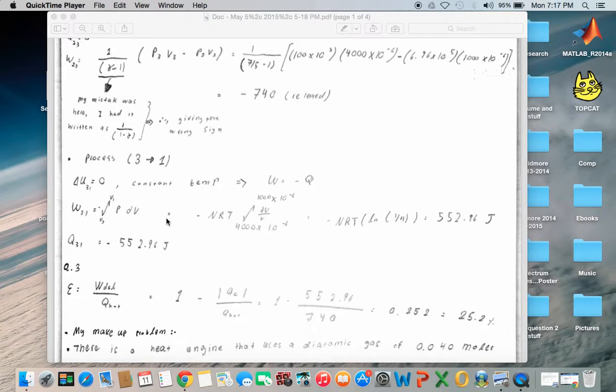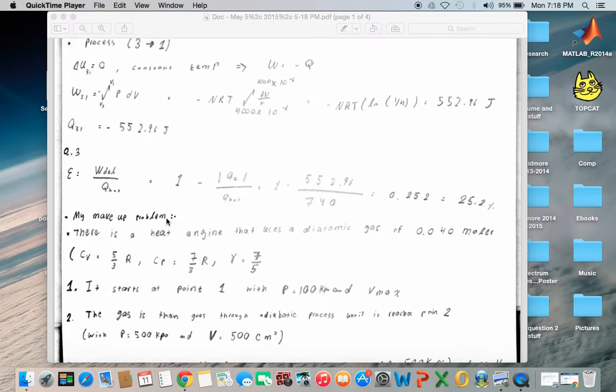And then I continued to solve the problem, and from the PV graph, I did process 3 to 1, and delta U was 0 because we were at constant temperature, and work equals negative Q. So the way I was able to calculate work was by taking the integral of P dV and using the ideal gas equation, so to use negative nRT, and that allowed me to get 552 joules of work. And since Q is equivalent to minus W, that gave us negative 552 joules.